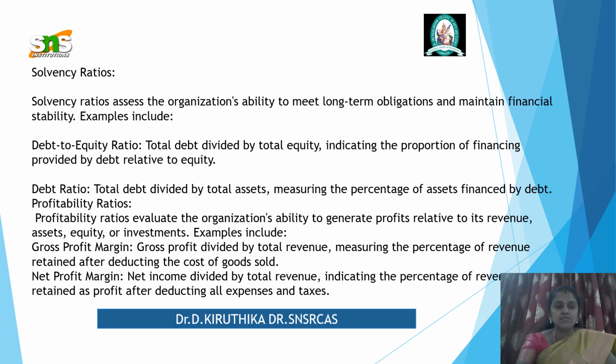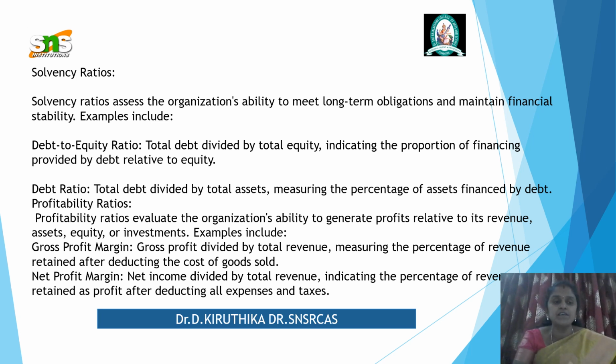Okay, so other than your liquidity ratio, the next one is your solvency ratio. So what is the solvency ratio? It is the ratio that assesses the organization's ability to meet the long-term obligations. So liquidity ratios help us to understand your short-term obligations, while the solvency ratio helps us to analyze your long-term obligations and maintain the financial stability.